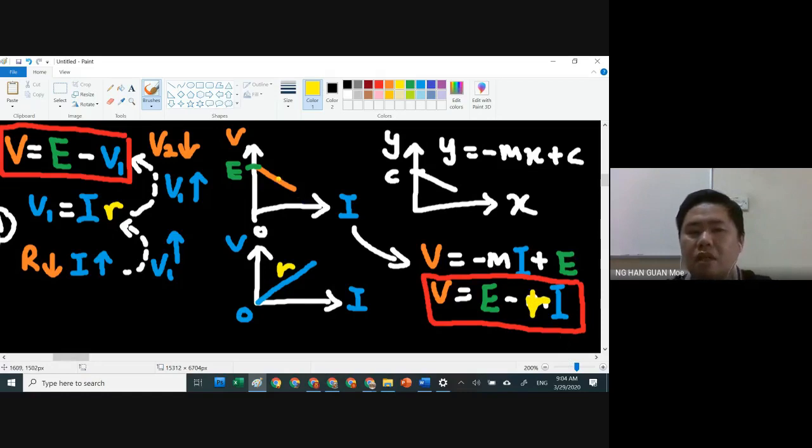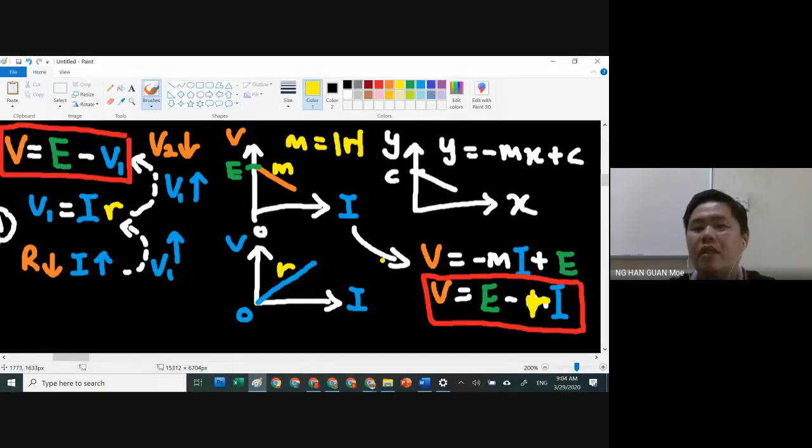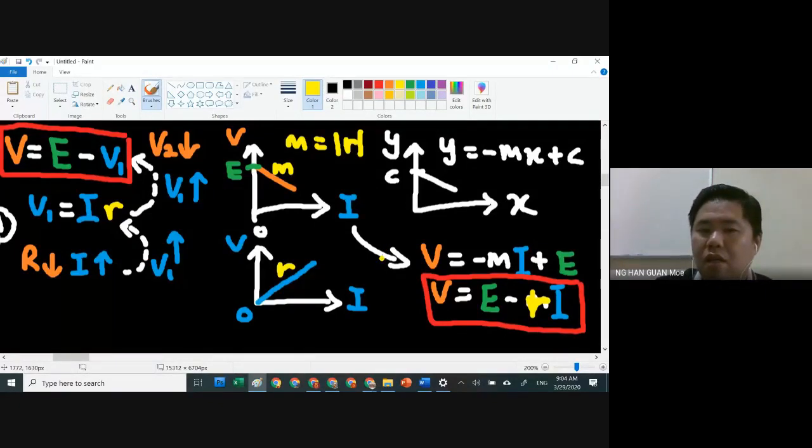So the gradient of the graph here, this gradient of the graph actually is equal to the internal resistance of the circuit. Right? So it's a positive value because the gradient is negative.